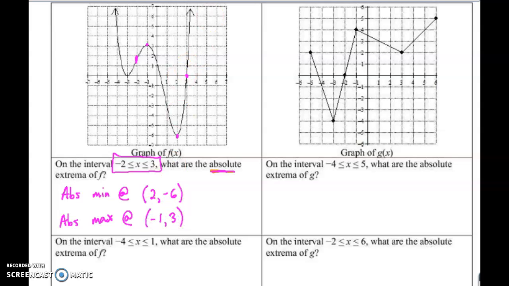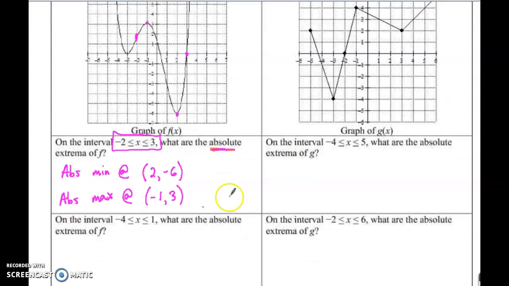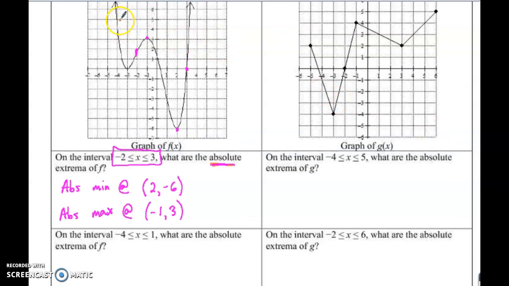You can do the same thing by looking at a different interval, from -4 to 1. I'll say the max happens at 4. It's really tough to see if it's 4 or 5, but it's definitely higher than this point. If you look at 1 right there, there is a relative min, but it's not the absolute min because it's smaller over here.